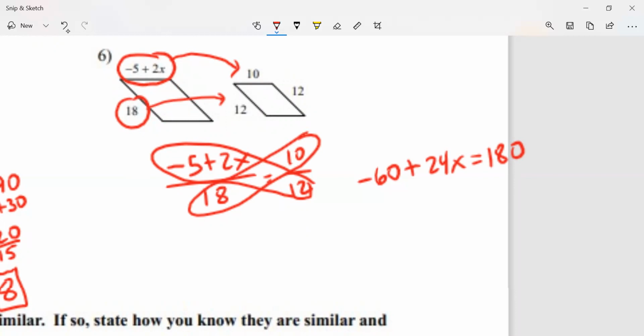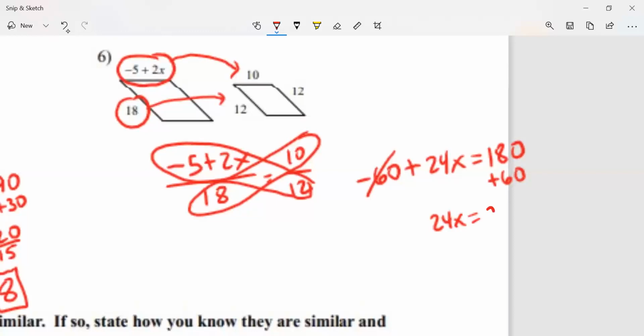I want the term that has the x by itself. So this minus 60, I'm going to move it to the other side as a plus 60. Don't forget to switch the sign. So that gives me that 24x is equal to 240. Right? 180 plus 60 is 240.